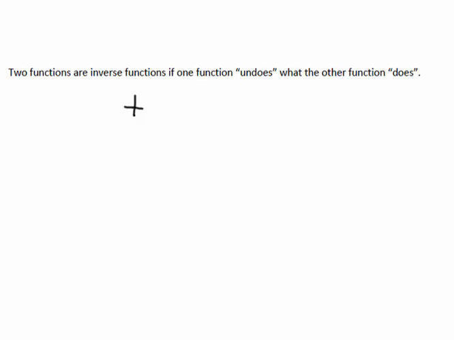If we perform the operation of addition, to undo addition, we do the inverse operation of subtraction. Or if we were to multiply something, we could undo that operation by division. And there's many of them, such as square rooting something and squaring it.